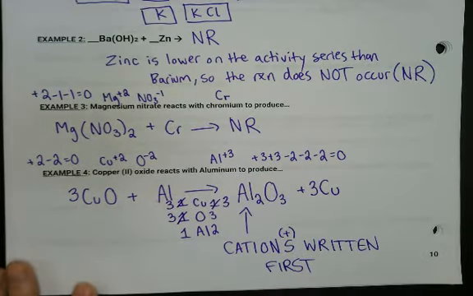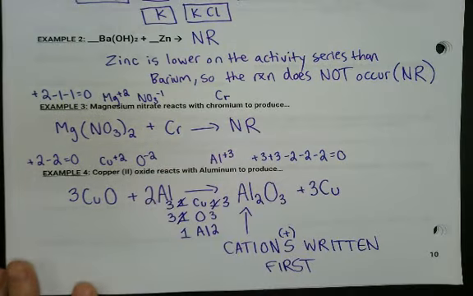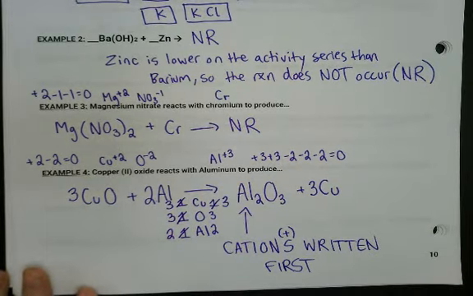Now my copper are equal on both sides. I still need to take care of aluminum though. I see I have 2 on my right side and only 1 on my left side. So I'm going to put a 2 in front of my aluminum over here. That will get me to 2 aluminum.